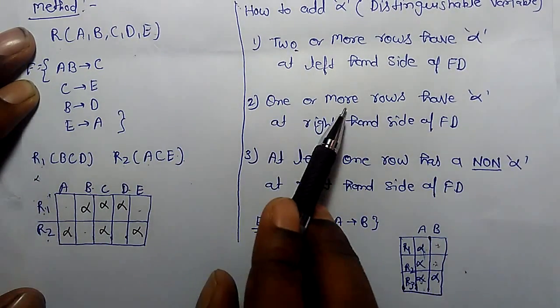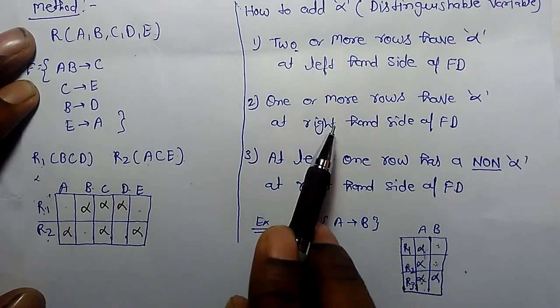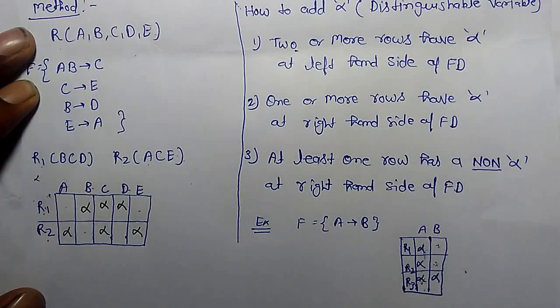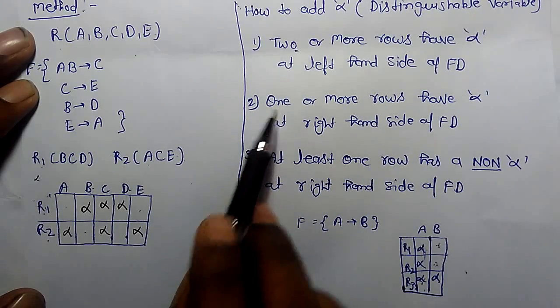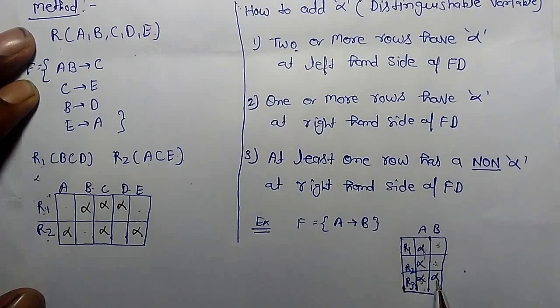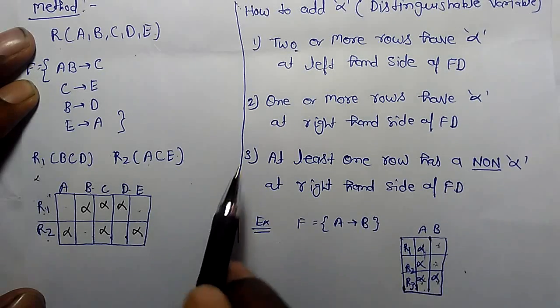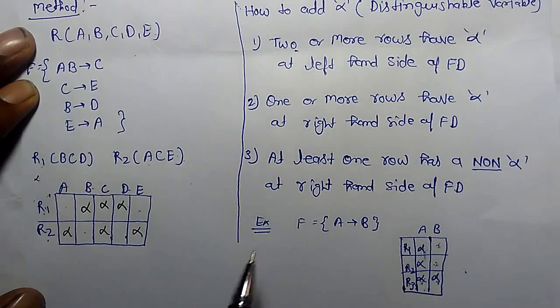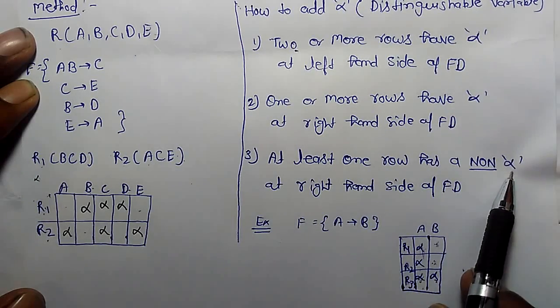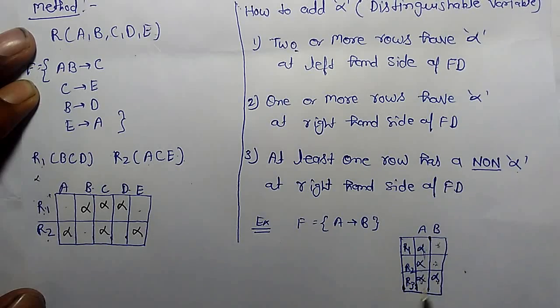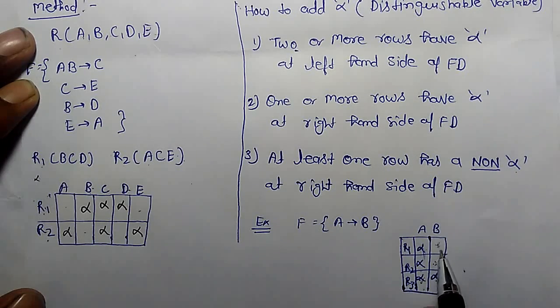Second, one or more rows have alpha at the right hand side of the functional dependency. So on the right side there should be at least one alpha. It is there, so the second rule is also okay. Third, at least one row has a non-alpha at the right hand side. Here we can see there are 2 rows where alpha is not there, and we have to fill these 2 rows.